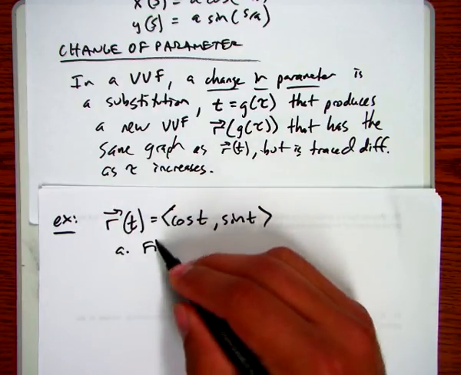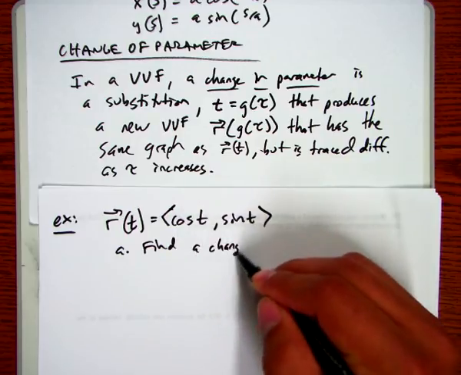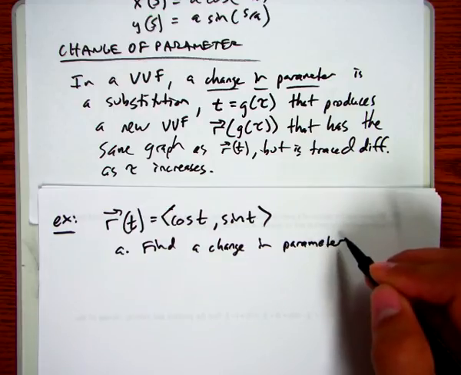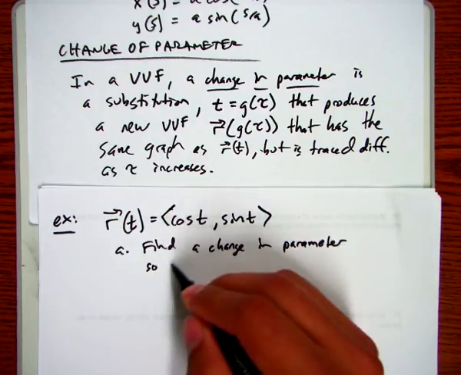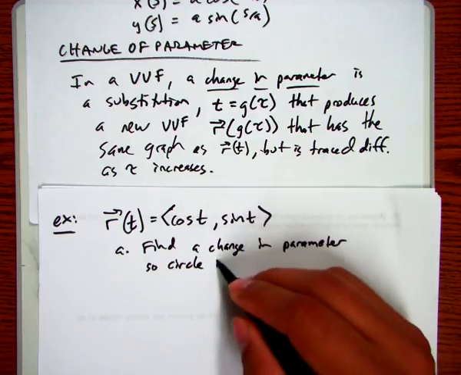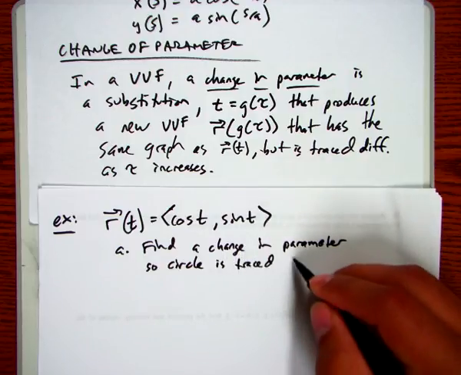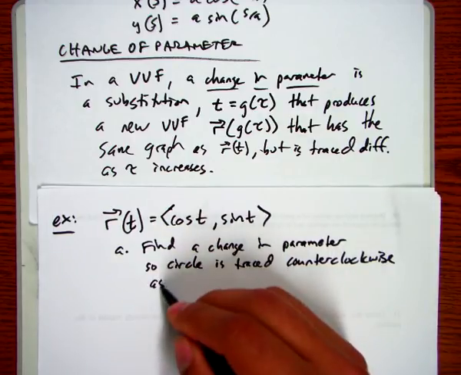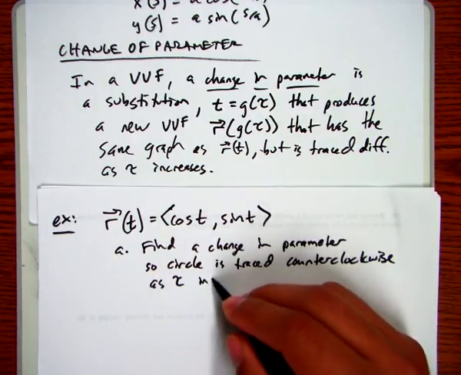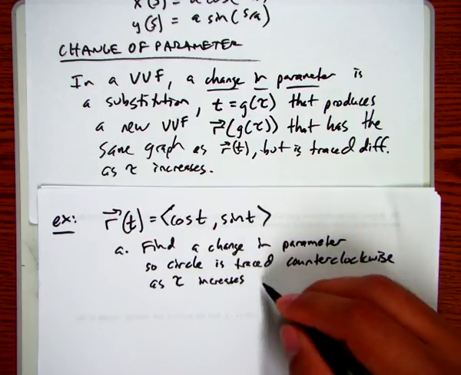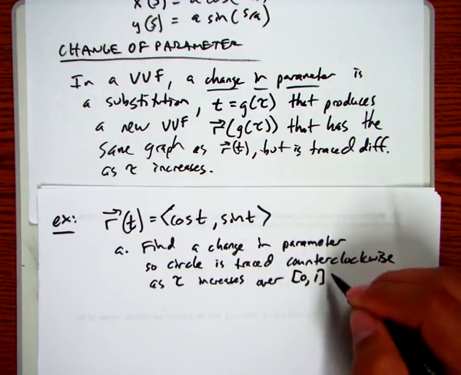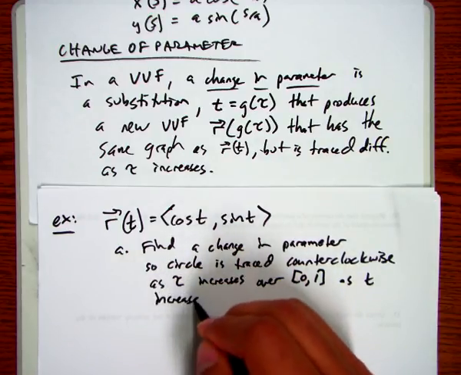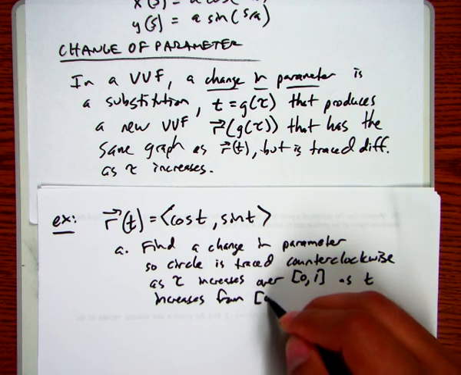Let's find a change in parameter so the circle is traced counterclockwise as tau increases over the interval from 0 to 1 as t increases from 0 to 2 pi.